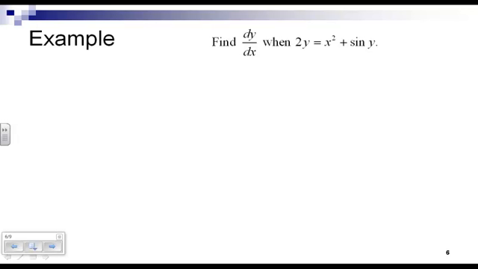But sine of y is a double chain, because y is not just a variable, it's like a function. Well, the derivative of the outside is cosine, the inside is the same, sine y, and then the derivative of the inside.